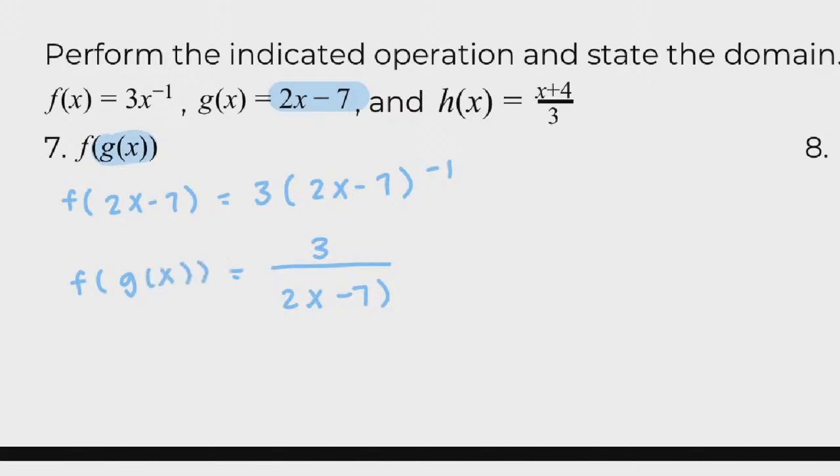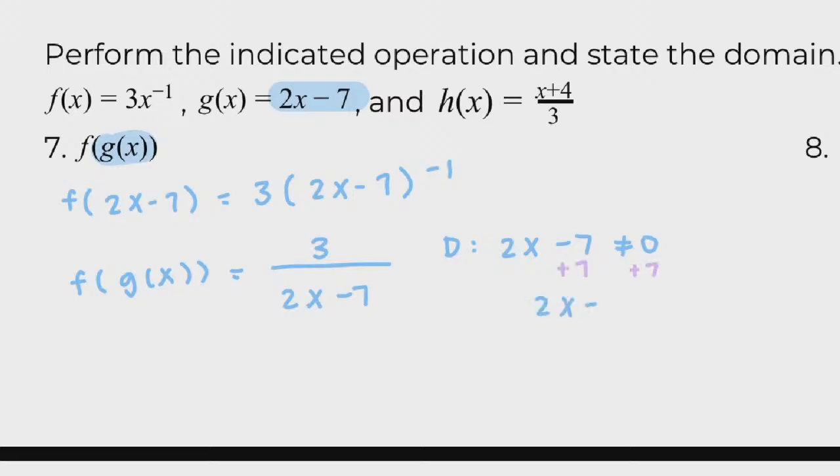And this one actually has a domain that's not all real numbers because we have x in the denominator. So for the domain, we set the denominator not equal to 0, because you can't divide by 0. So we would solve this.